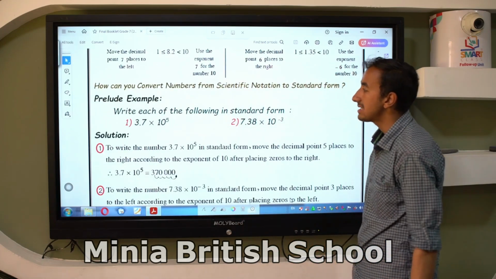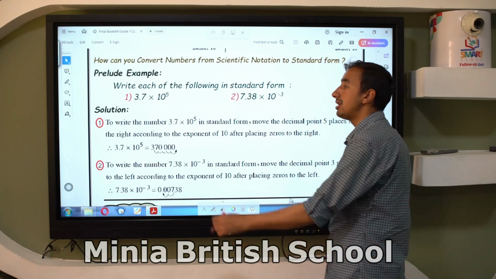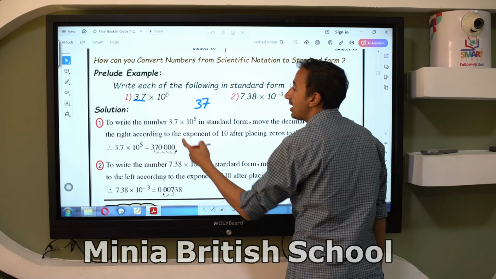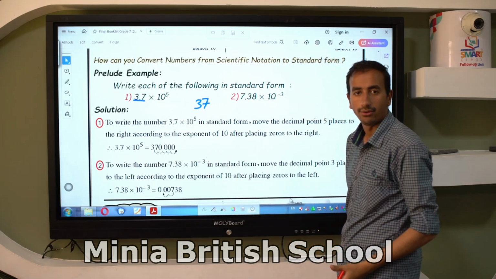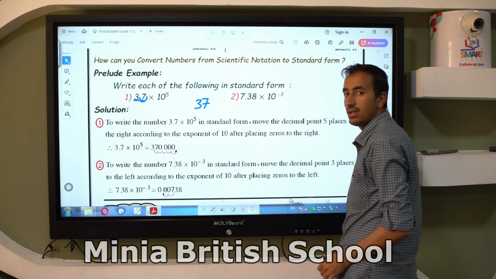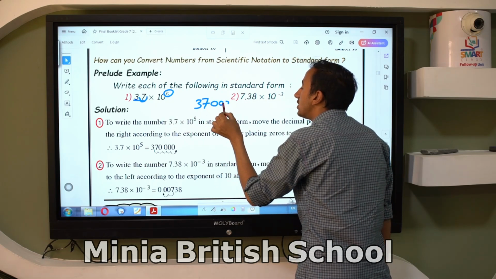We have other examples. How can you convert scientific notation into standard form? Write the number 37 without the decimal point, times 10 to the power positive 5. I move the decimal point to the right and put 4 zeros: 1, 2, 3, 4.